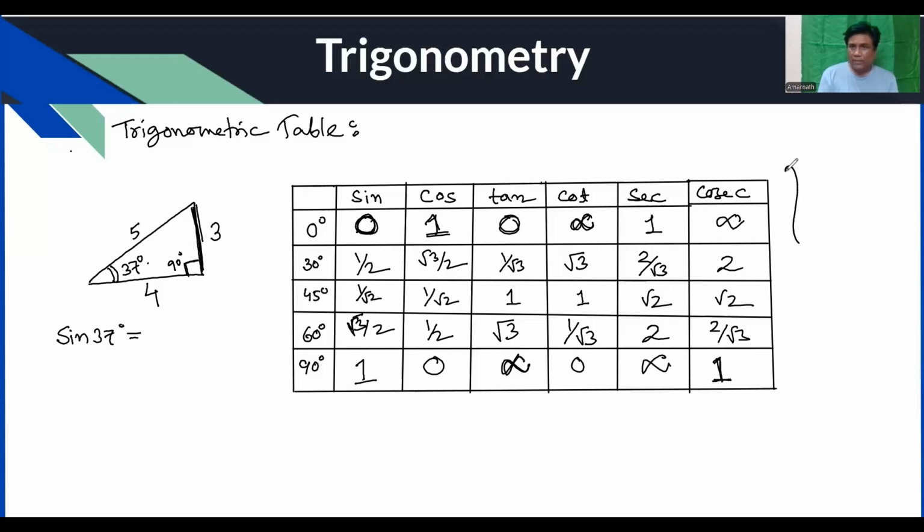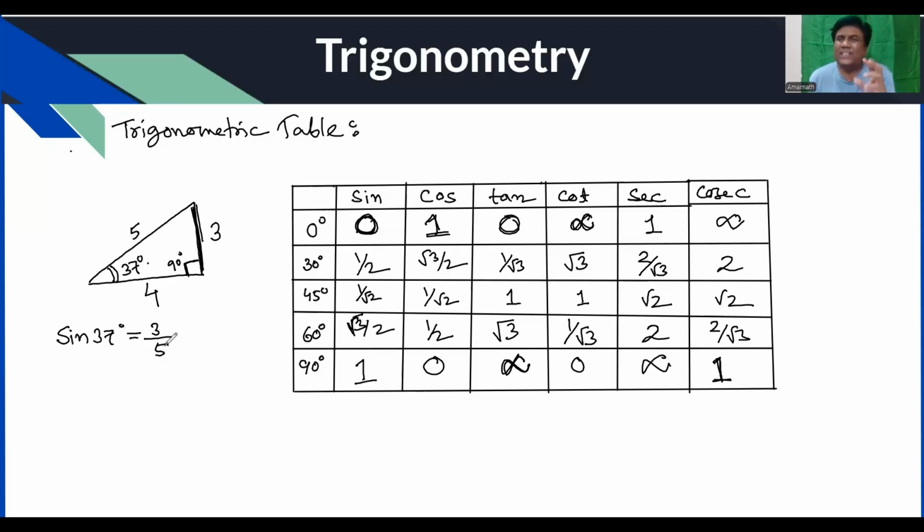Sine 37 is not available in this table, but from this beautiful triangle I can say sine 37. Sine theta is always perpendicular by hypotenuse, which means sine 37 is always 3 by 5. If you get 3 by 5 somewhere, you can directly put sine 37, or if you get sine 37, you can directly put 3 by 5. It is simply a ratio only.